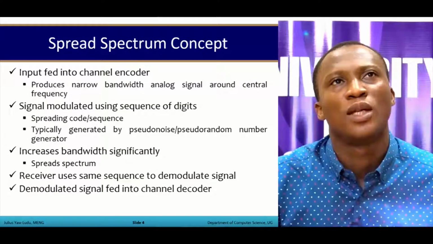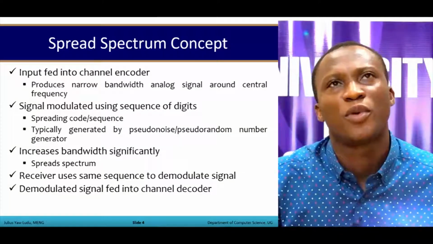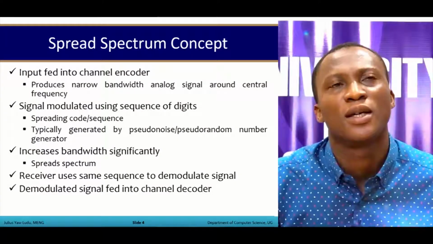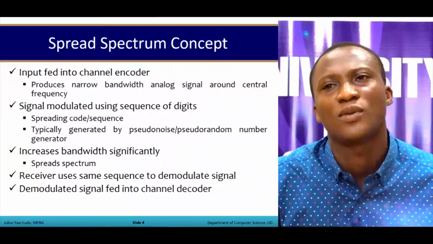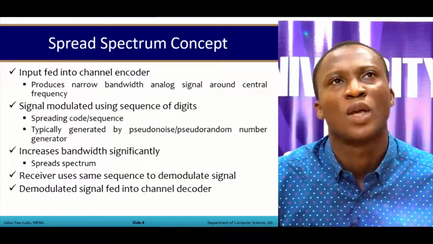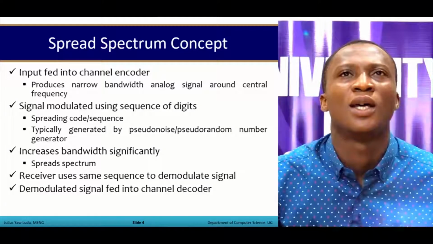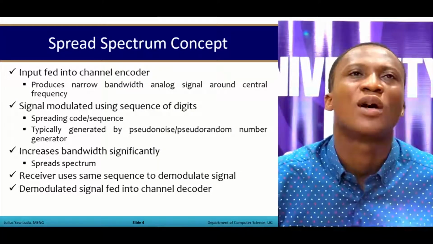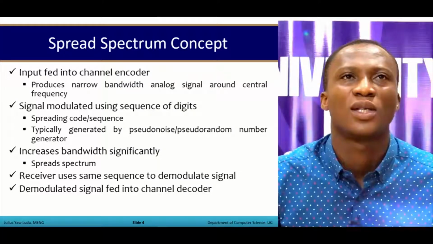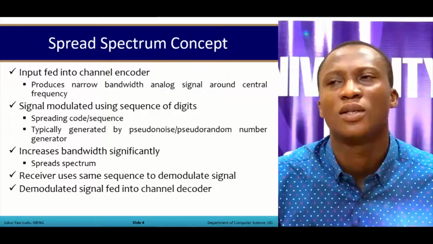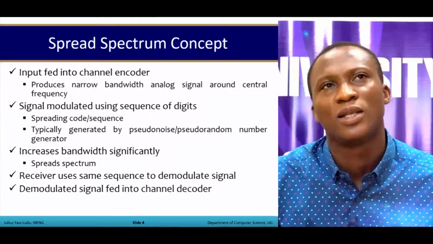Now, on the concept of spread spectrum, input is fed into the channel encoder, and this produces a narrow bandwidth analog signal around a central frequency. Signals are then modulated using a sequence of digits.